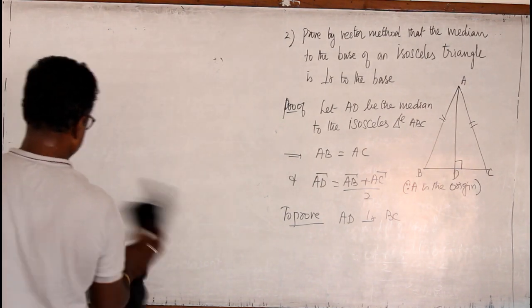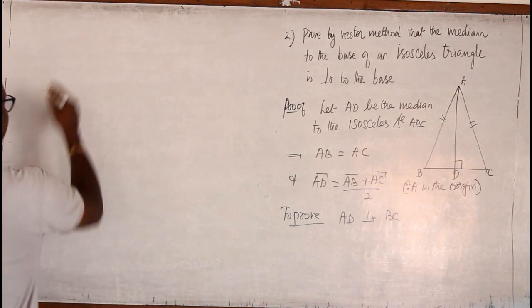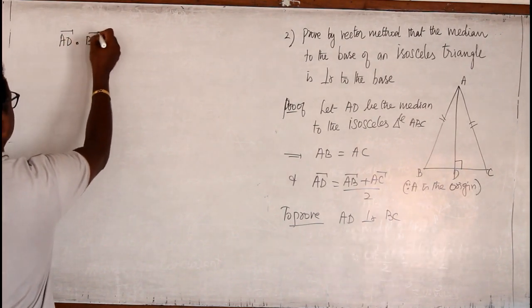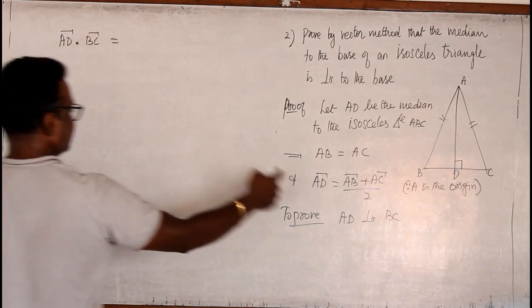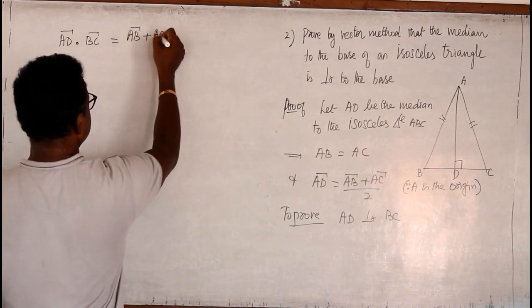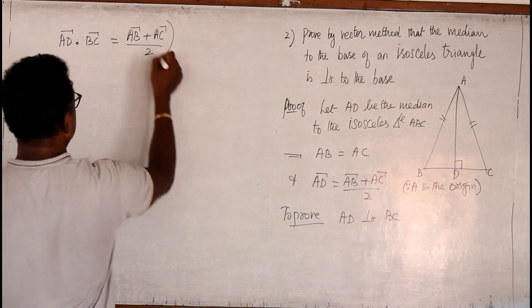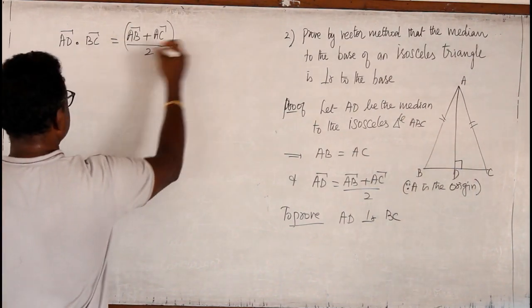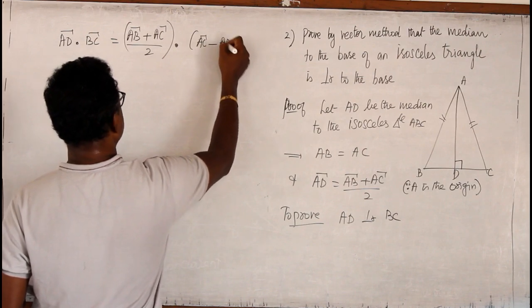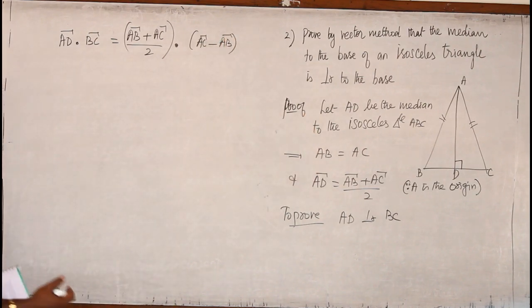Now, so we shall find the dot product AD dot BC. AD means we have AB vector plus AC vector by 2. Dot BC means, is it not AC minus AB? Because A is the origin.